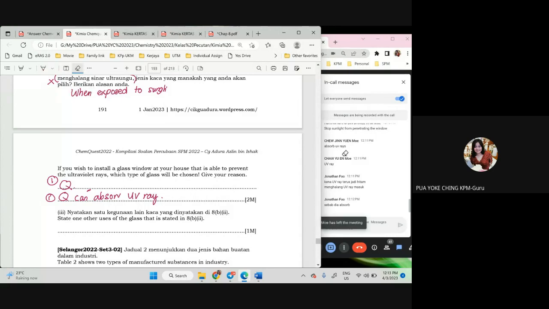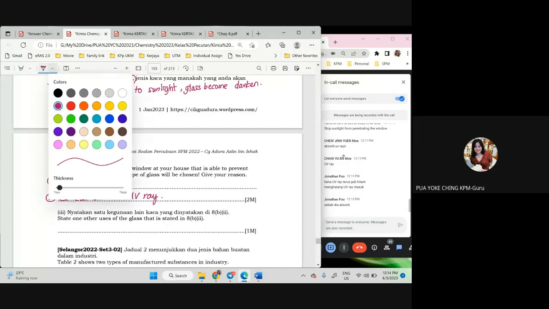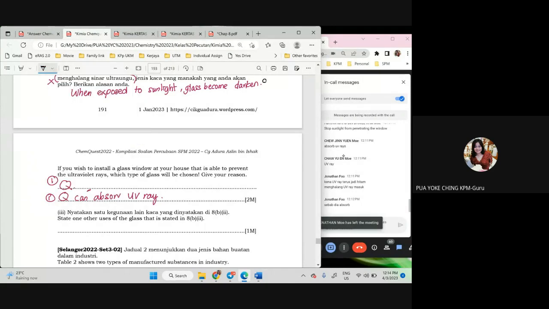Sunlight salah ni. When exposed to sunlight, what happened to the glass? Glass become darkened. And then BM panggil gelap. Bukan jadi hitam.